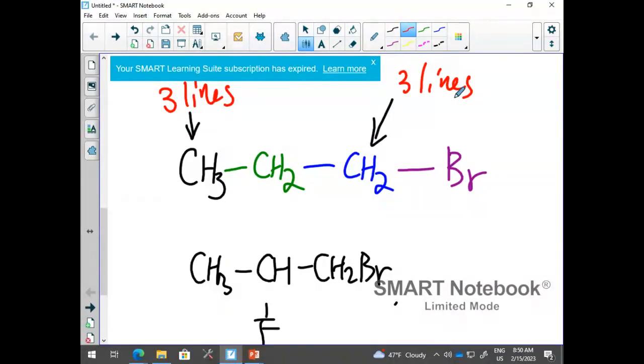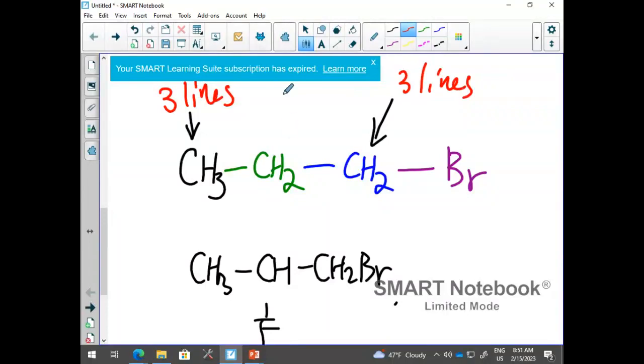Now the middle green CH2, how many vicinal protons does it have? 5. But the problem here is that the 5 vicinal protons are not equivalent among themselves. 3 of them are the methyl ones, and the other 2 are methylene ones. So they must couple with the green proton separately.